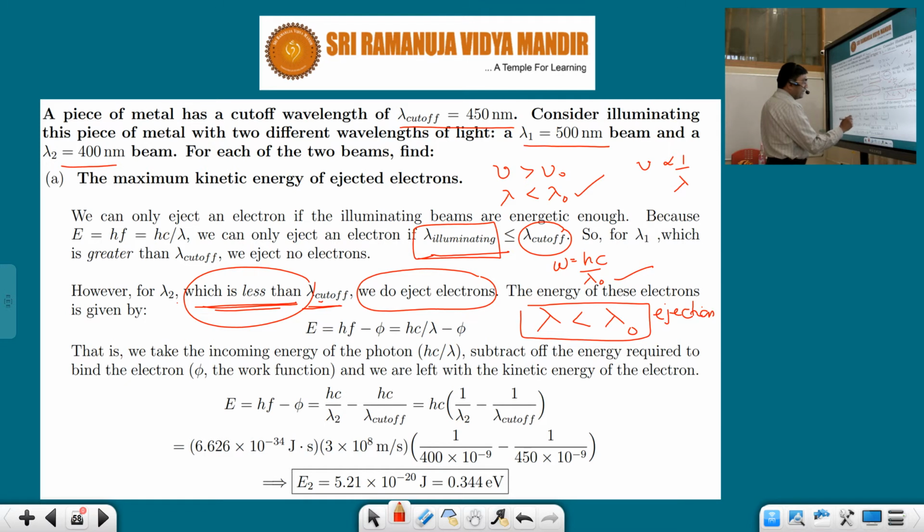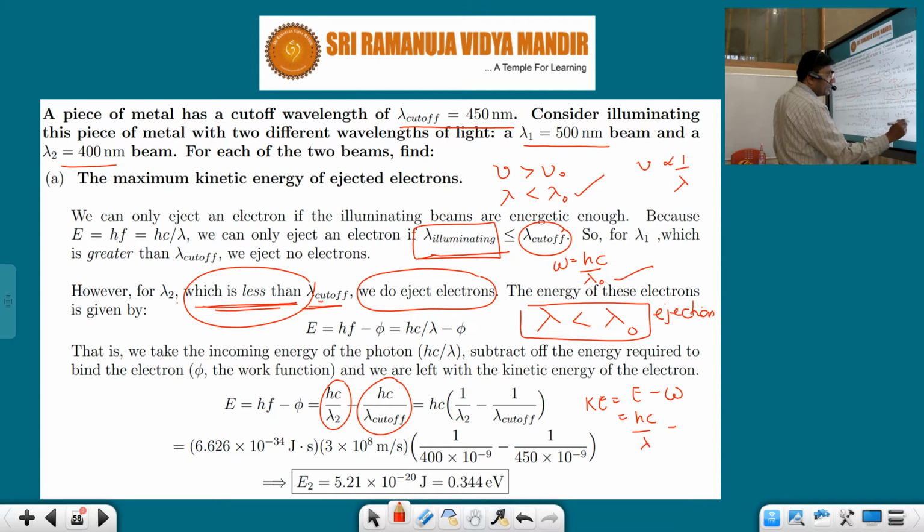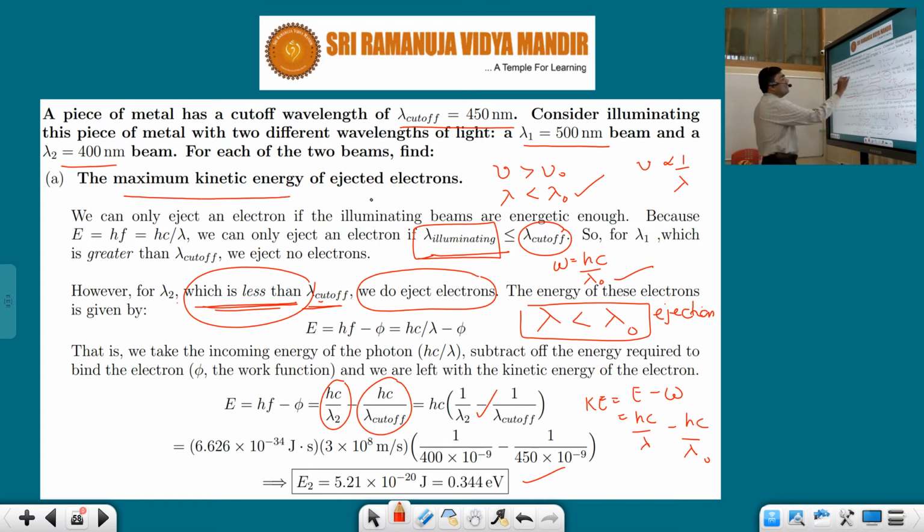E is equal to hc by lambda 2 minus hc by lambda naught, the cutoff. So here KE is equal to E minus W. This is hc by lambda, and this is hc by lambda naught. Find out, you will get the kinetic energy. Maximum kinetic energy you have to find in both the cases.